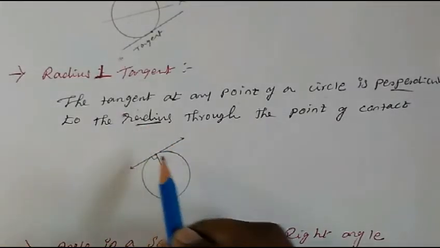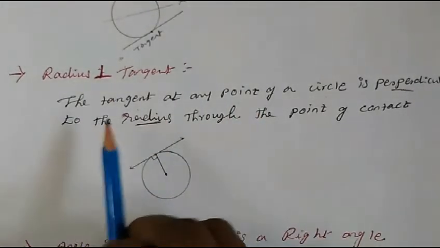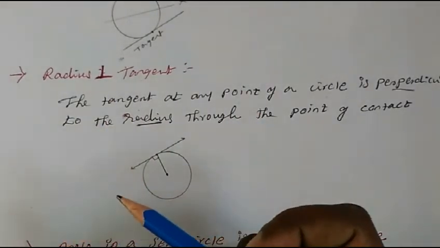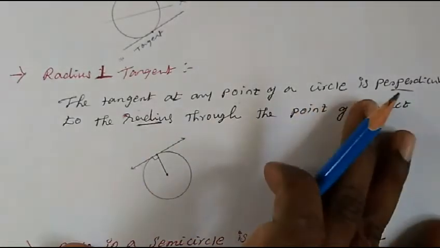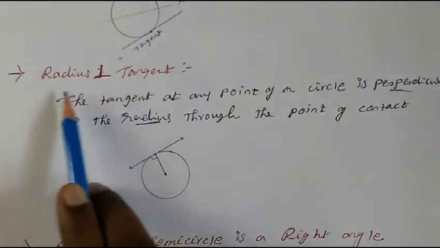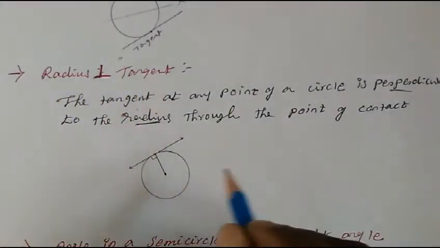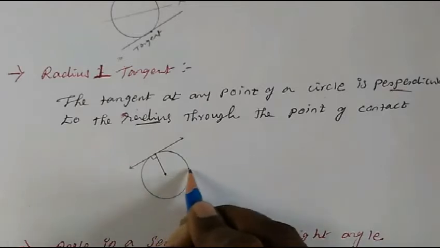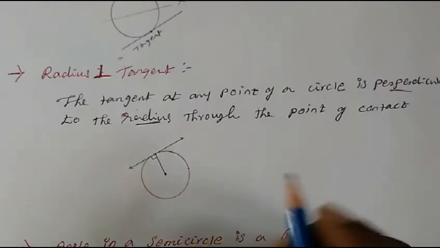This is the point of contact. This is theorem 10.1 in chapter 10, Circles. When we study in detail we will cover it, but here you just have to understand that the tangent will always be perpendicular to the radius. At any point you draw a line and the radius, it will always be perpendicular to the tangent.